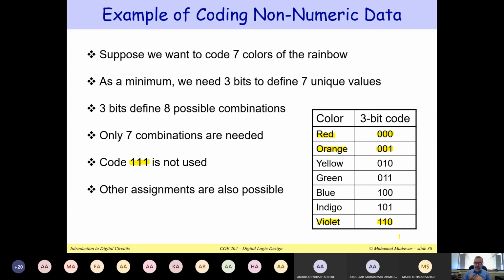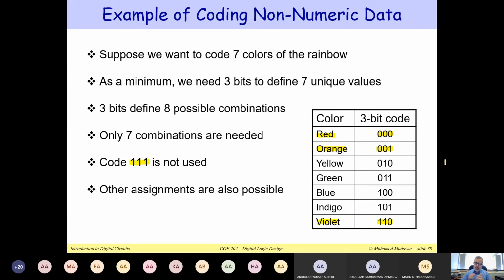Now, I could have done a different assignment. I could have started with red as 001 and violet as 111. This would mean that 000 is unused. You could have a different assignment for these colors, so this assignment is not unique. You can change it if you want. You can start at 1 and end at 7, where 111 is 7, and 000 can be unused.